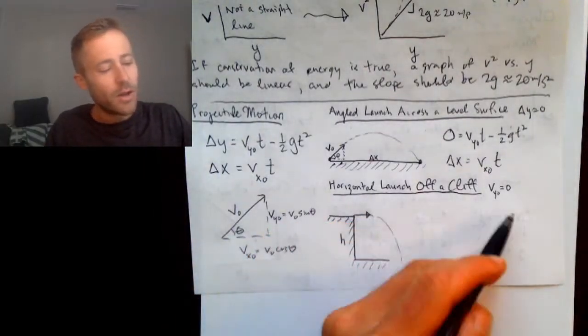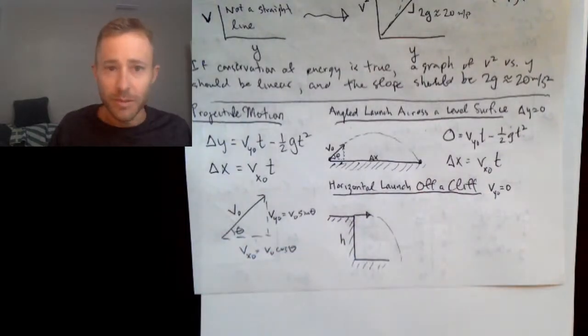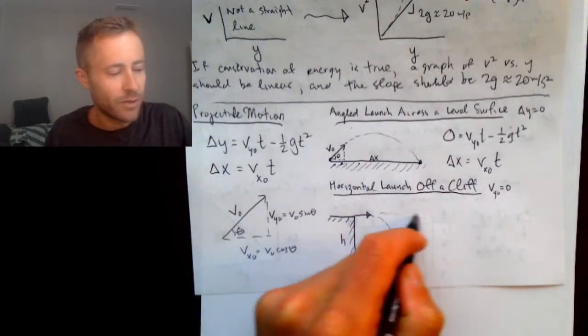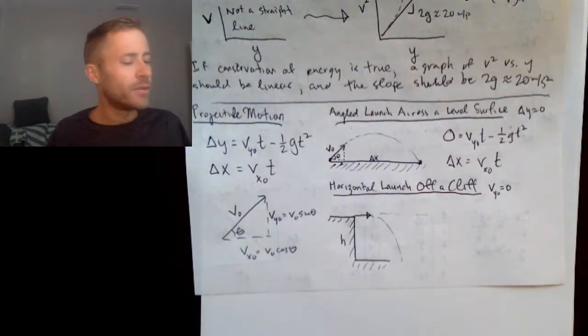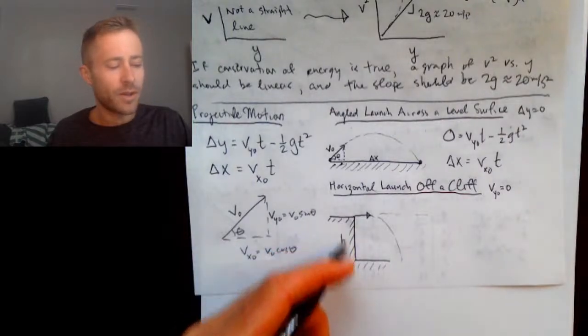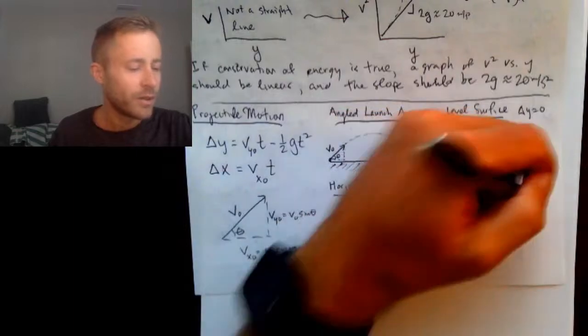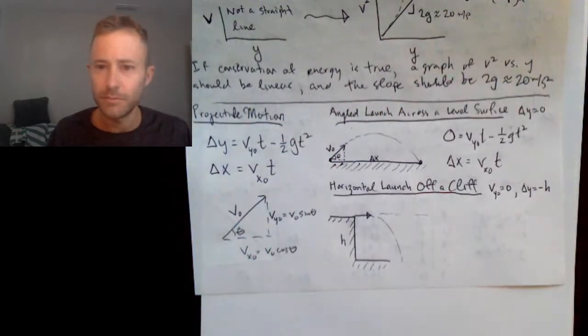And so as time goes on, the y velocity will become negative. If it remained 0, it would just continue to go out in a straight line indefinitely. The other thing is that it drops a height h before hitting the ground. So we have delta y is negative h.